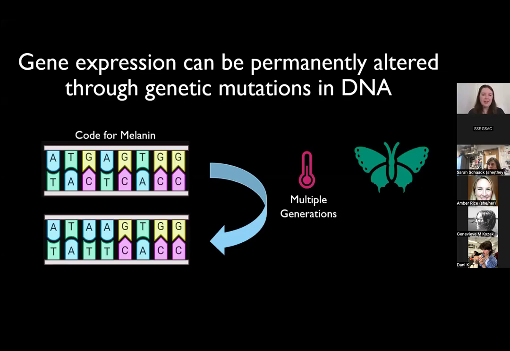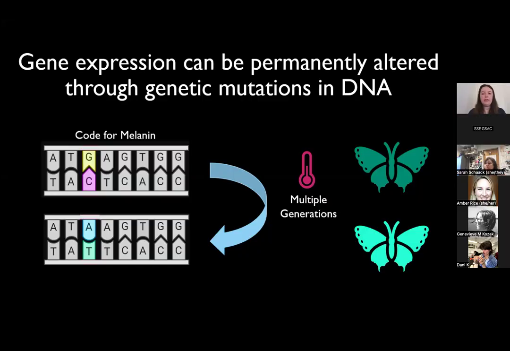If you're very keen-eyed, you'll notice that there actually is a mutation in this sequence. The third nucleotide has switched from a G to an A. And we can say in this hypothetical example that correlates with a light morph butterfly.